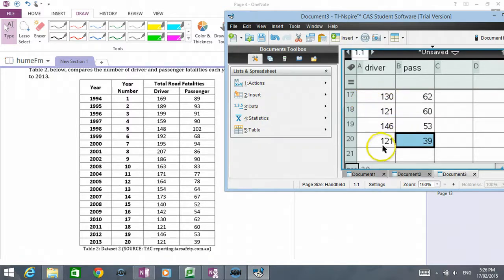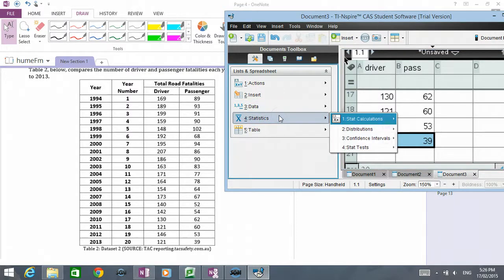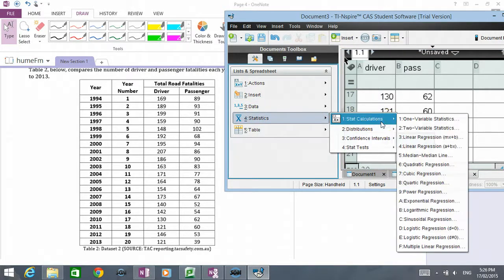Once you have entered all those values in, we go to menu, stats. We need linear regression, 3 or 4.